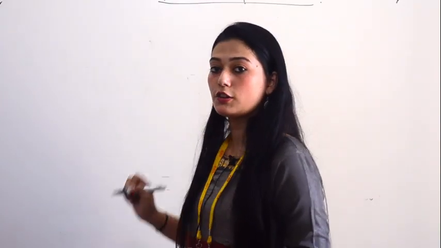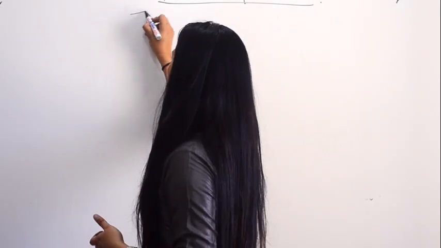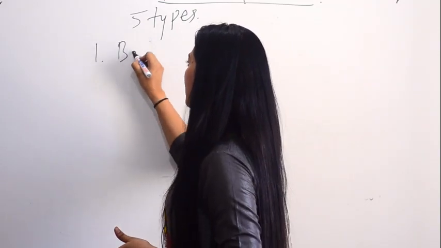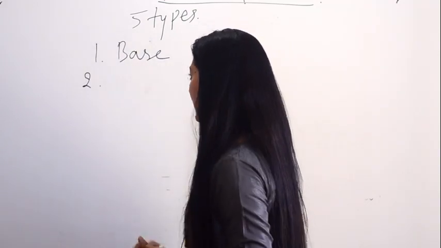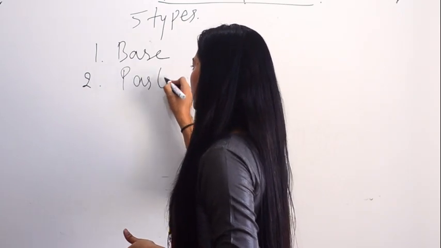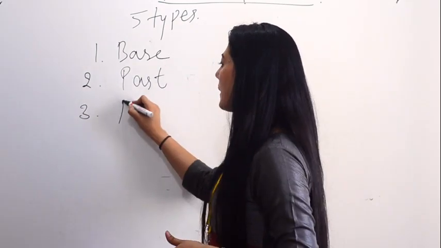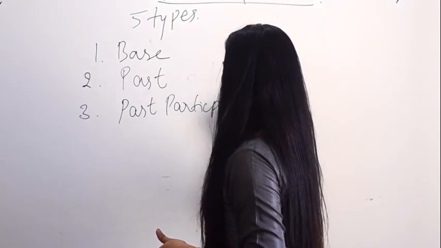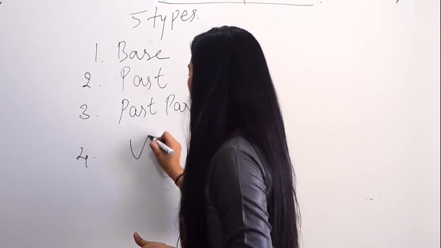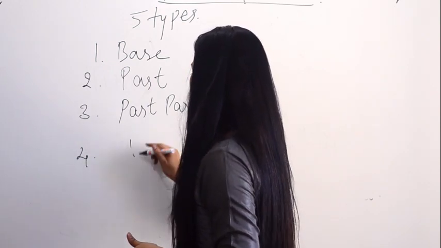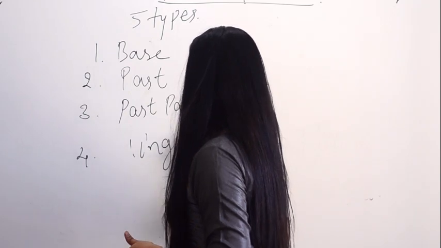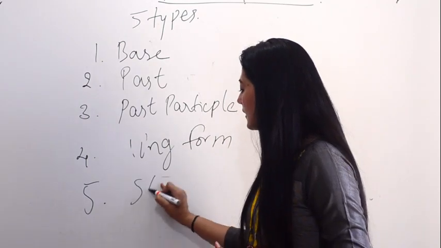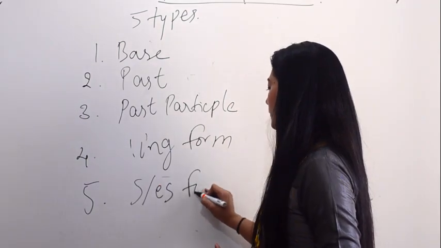Forms of verb. Basically, it is of 5 types. First, base form. Second, past form. Third, past participle form. Fourth, ing form. And fifth, s/es form.